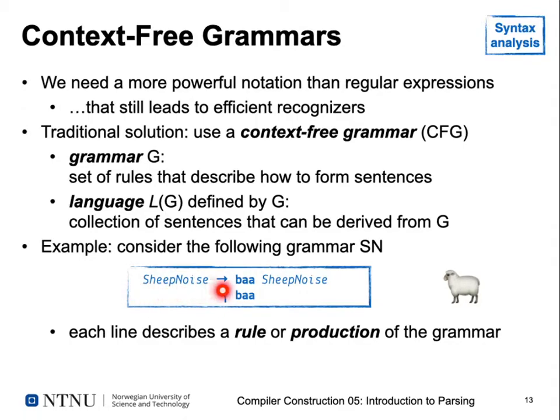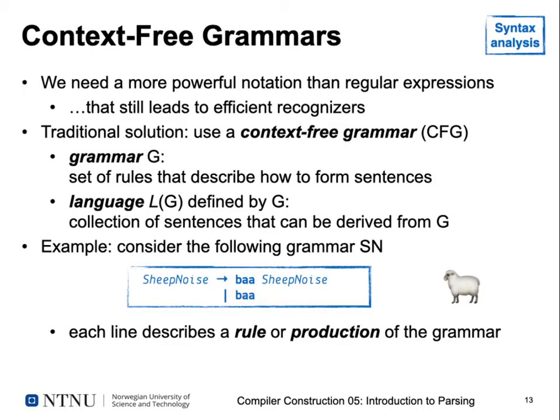A sheep noise is something that's a ba and another sheep noise after it, so it can be ba ba or ba ba ba, or it can be a single ba. So each line in this grammar describes a rule, or we also call it a production of this grammar. So when we want to generate sheep noises, we can either use the first production of this grammar or the second production of this grammar.